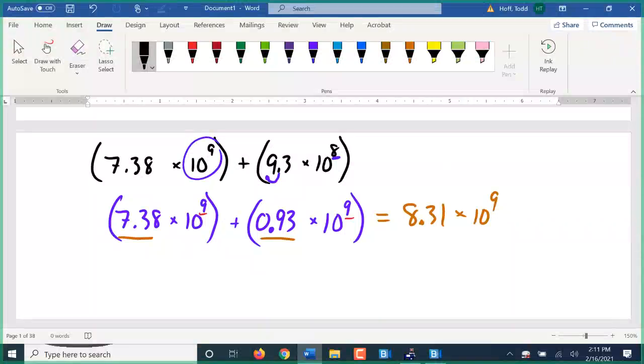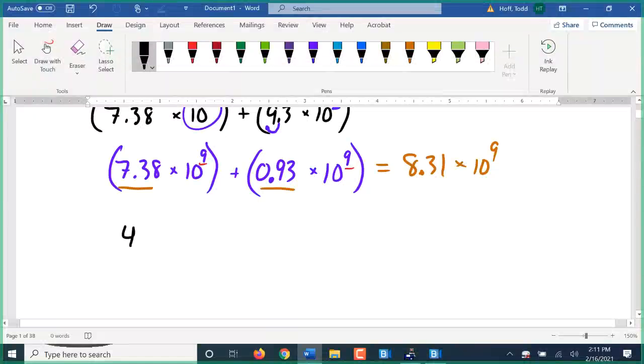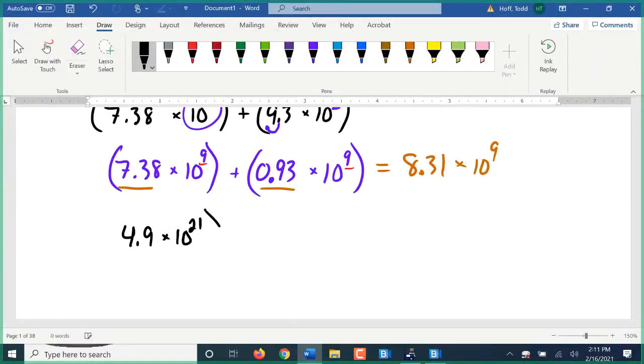What if they're like two vastly different numbers then? What happens then? So like 4.9 times 10 to the 21st plus 9.7 times 10 to the 11th. Yeah, something like that.